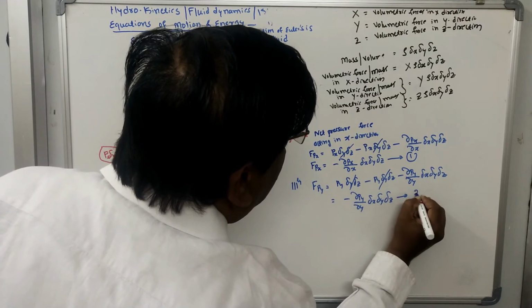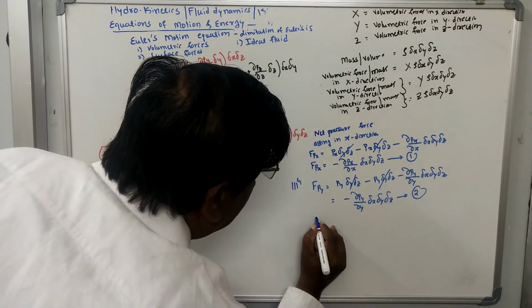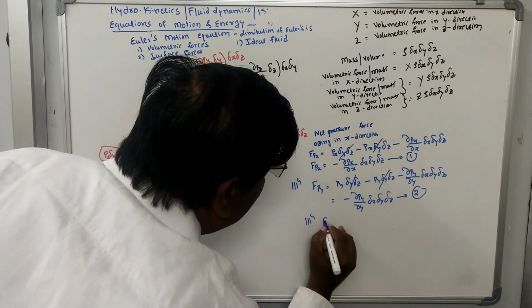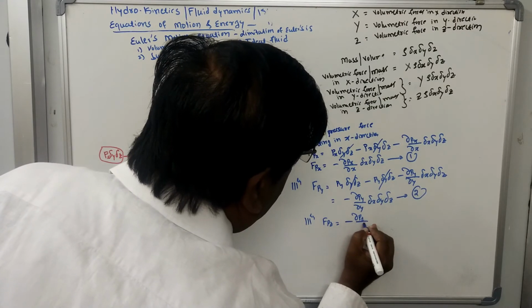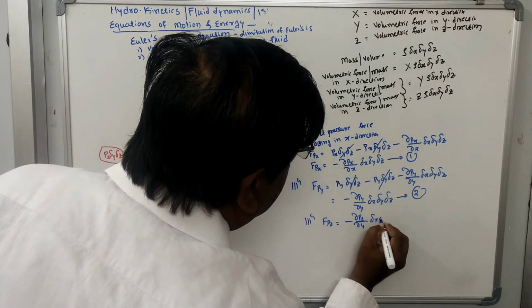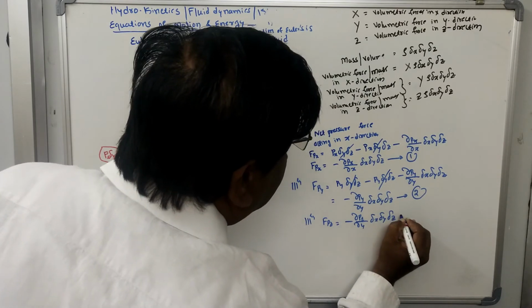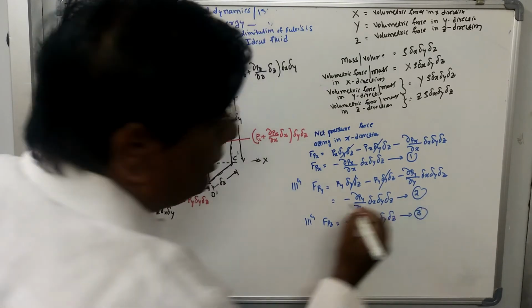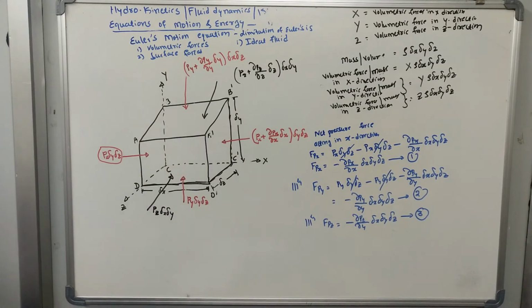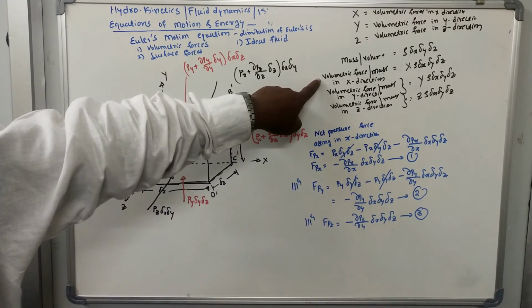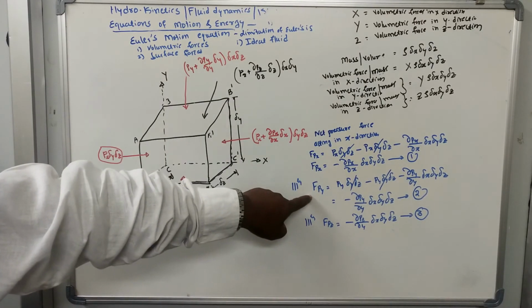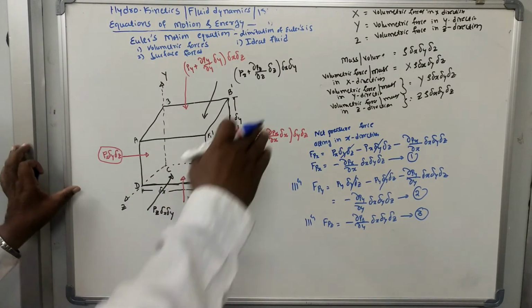So this is equation 2. Similarly, Fpz I can write directly as minus ∂Pz by ∂z delta x delta y delta z. So this is equation 3. Now see, this is also the body force per unit mass, and this is also the pressure force per unit volume. So these are the forces.